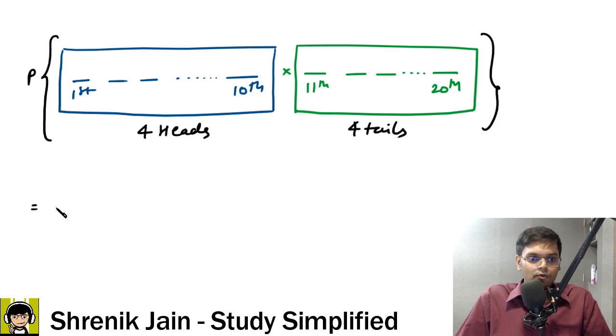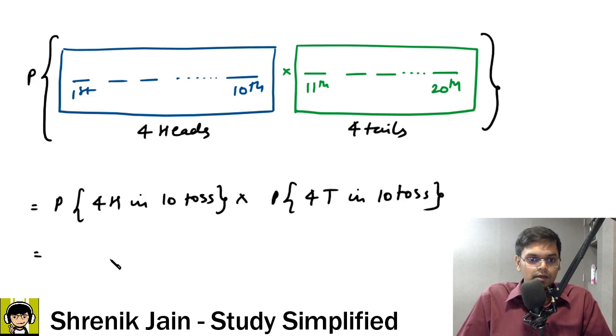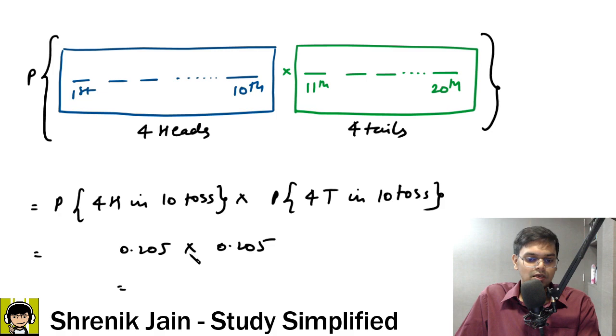So that is equal to the probability of getting 4 heads in 10 tosses multiplied with the probability of getting 4 tails in the next 10 tosses, which I have found in the previous slide, which is 0.205 into 0.205, which is, anybody in the comment section now? Sir, finally you have to say it is 0.042.